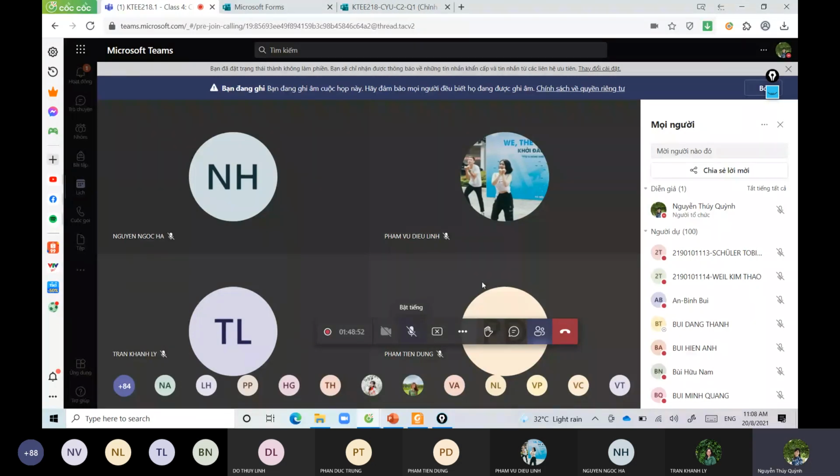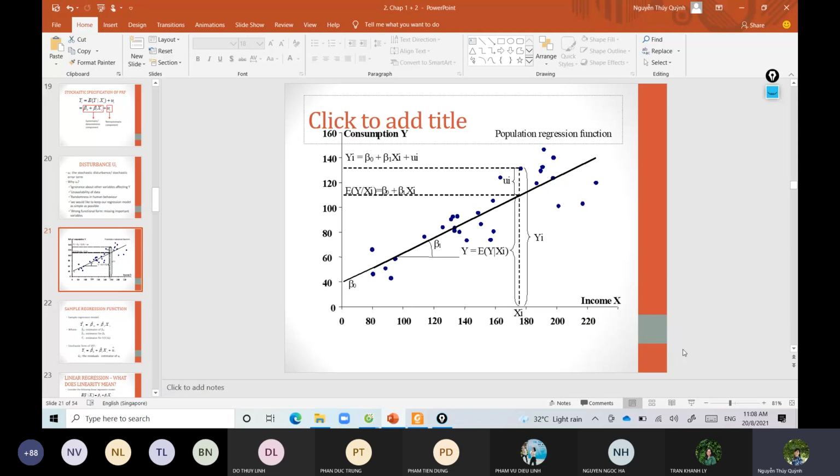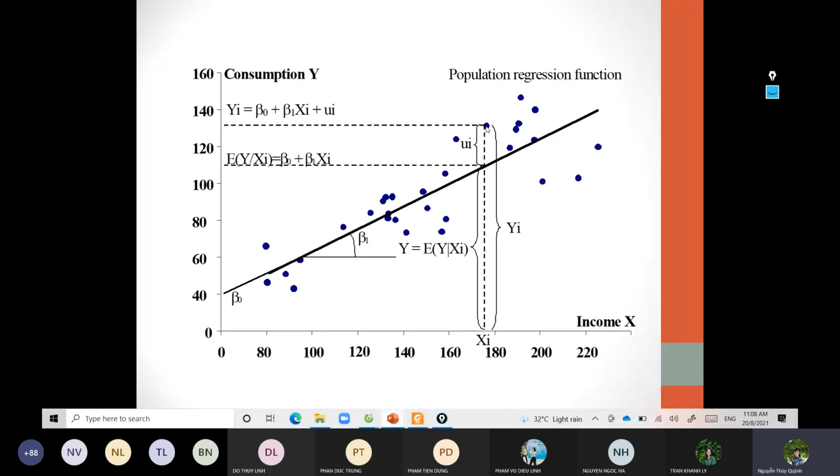Okay, so let's consider one observation here, for example this one. You trace back to the lower axis, and you can see that this is the observed value of x. And to the left, you can see that this is the observed value of y.